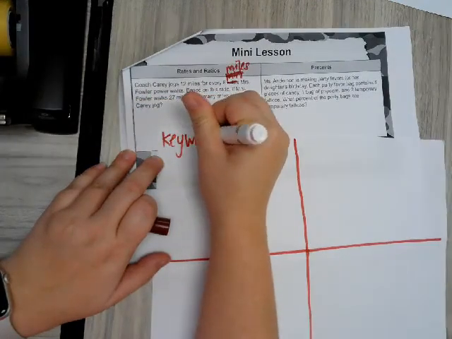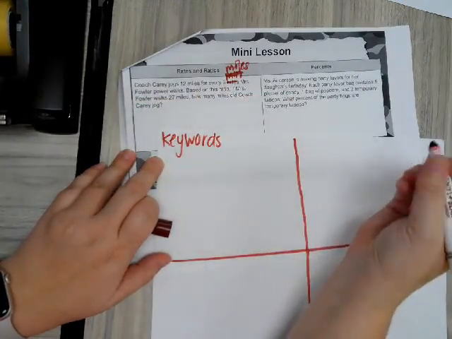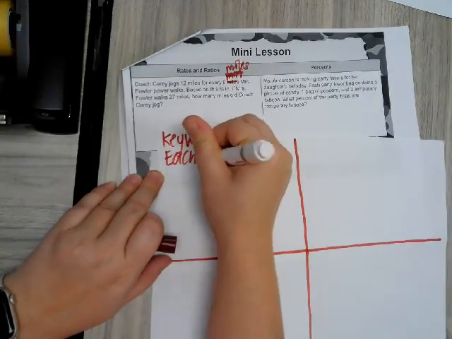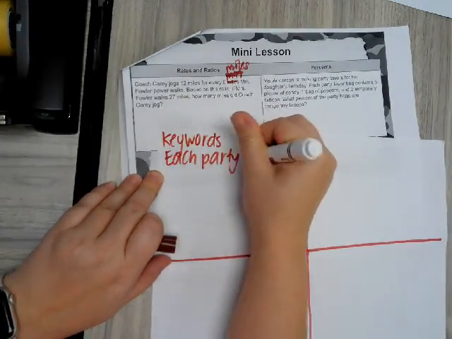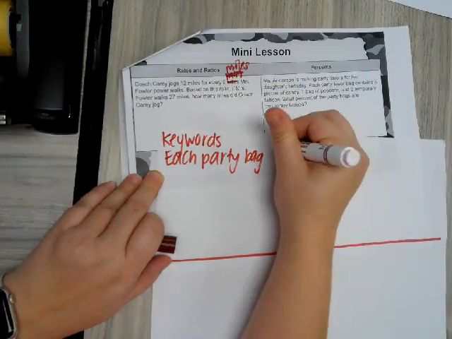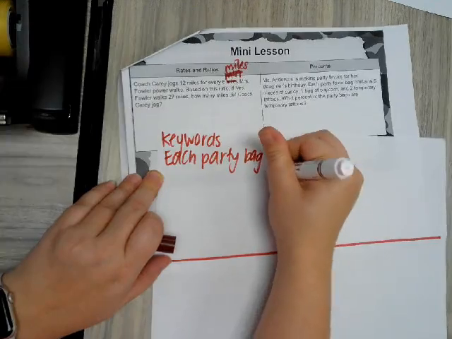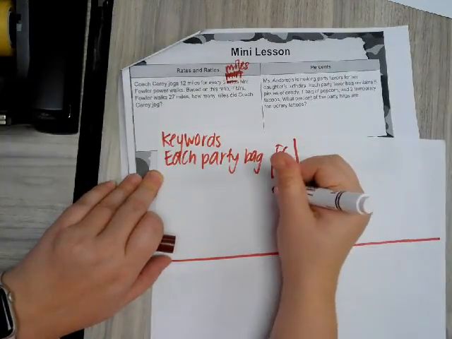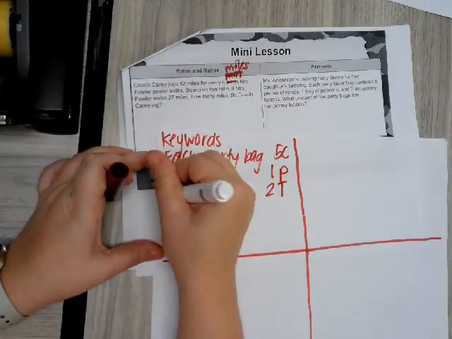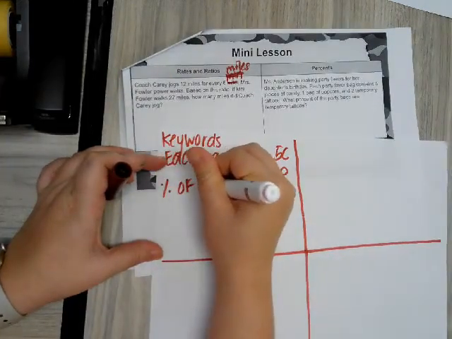What do we know? We know that each party bag has 5 candies, 1 bag of popcorn, and 2 temporary tattoos. We also want to know the percent of the temporary tattoos, right?